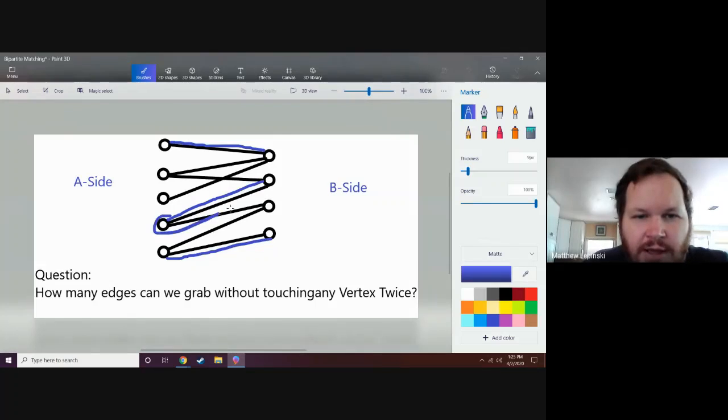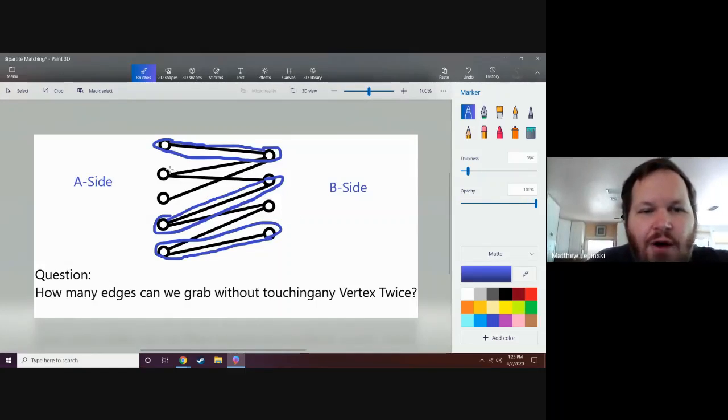So I've now matched here, and here, and here. So I've got 3 unmatched people, but there's no edge that goes from here over to here. There are no edges that connect my unmatched people, so I can't add another matched pair. I can't grab another edge. So here I have successfully matched 3.